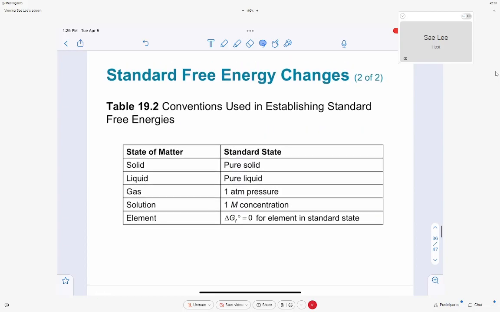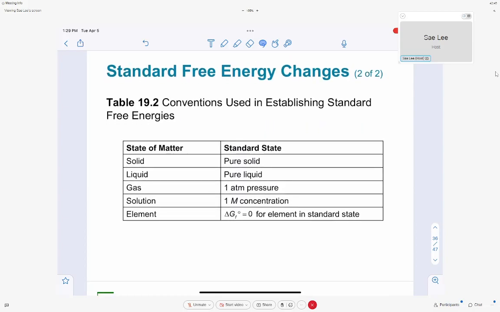And here are some notes regarding the standard free energy changes.